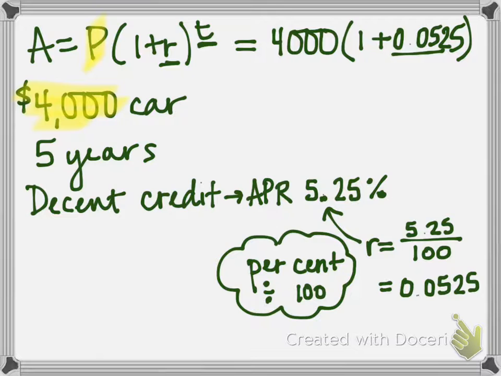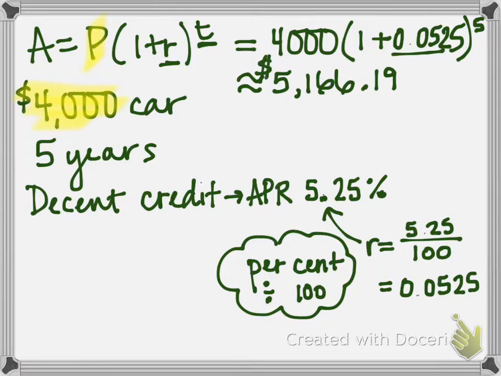Now the only thing I have left is figuring out what this T is. Well, that's about time, that's about years. And how many years are we doing this for? We're going to have this loan for 5 years, right? Then we just plug all that in the calculator. So 4,000 with parentheses, 1 plus 0.0525 parentheses, raised to the power of 5. And my handy dandy calculator tells me $5,166.19.